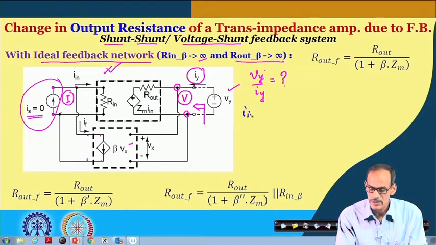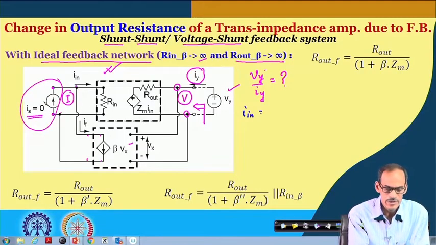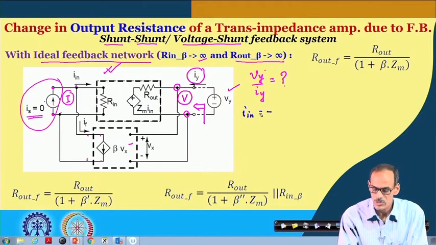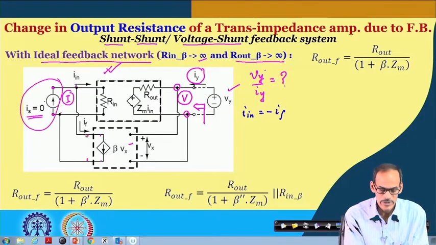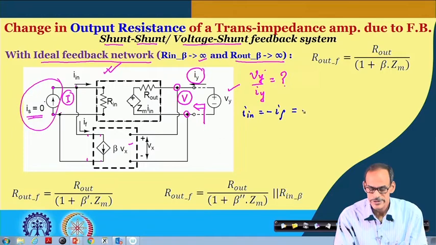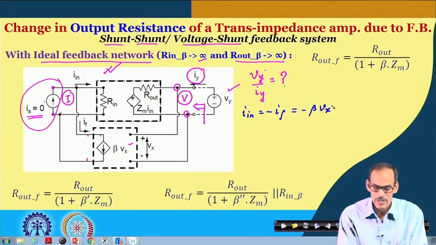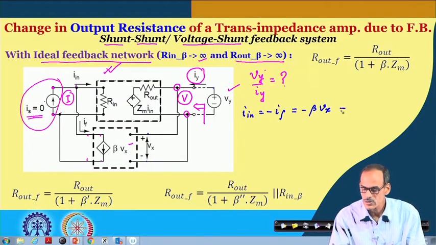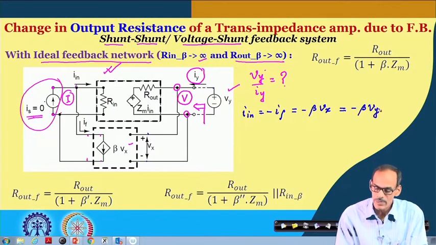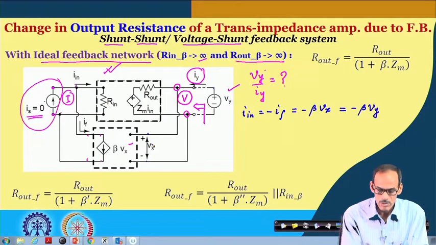If I s is 0, I in will be equal to minus I f, the feedback current, and this feedback current is beta into V x. So, I in equals minus beta into V x, and this V x is incidentally the same as V y. So, we can say this is equal to minus beta into V y, and then also if I consider this network to find the output current I y.